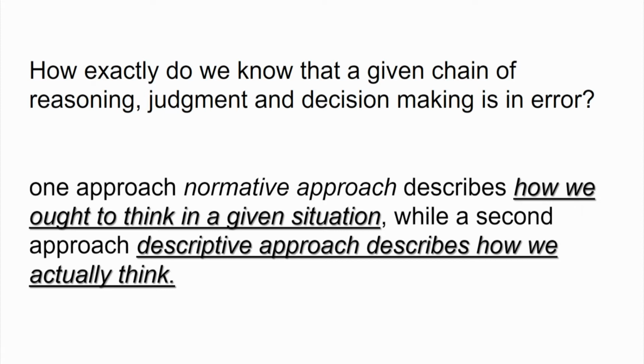Normative approaches are those approaches which describe what people should actually be doing, while a second approach is called the descriptive approach, which describes how we actually think, what people actually do. The difference between them is that normative approaches are rules, ideal conditions of what should be done in a particular situation, and the descriptive approach is the actual process which is applied to reach a conclusion, because no system is ideal.